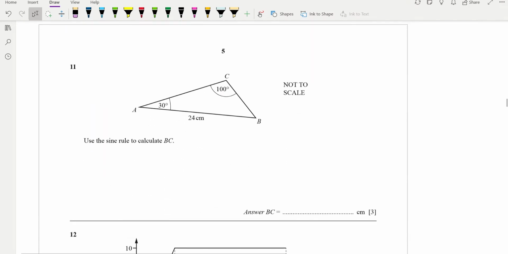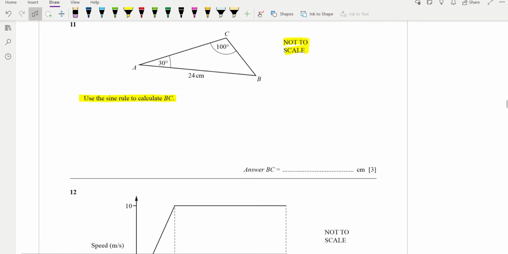Now question number 11 says a diagram is provided which is not to scale. Use the sine rule to calculate BC. BC side, this side is basically required, and this side is BC over sine of 30 degrees.